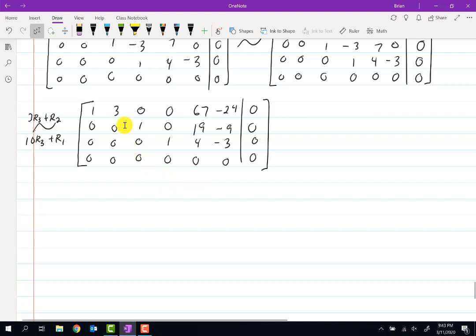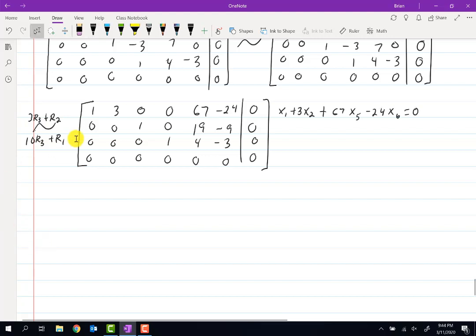Now watch what happens here when I change these. I'm going to use x1, x2, x3, x4, x5, and x6. So the first row is x1 plus 3x2 plus, I don't have an x3 and x4, but I have an x5, 67x5 minus 24x6. That's going to equal 0.